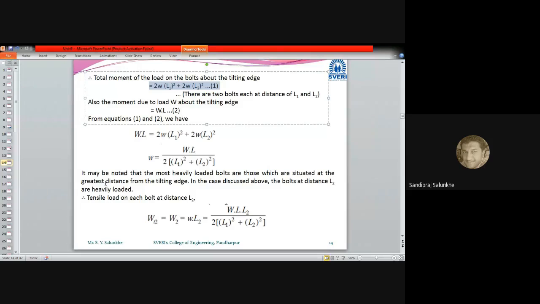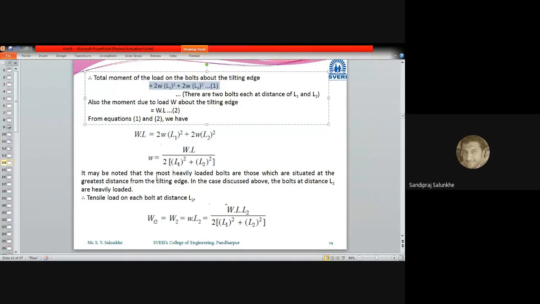Now we'll call the tensile load which is coming on each bolt, due to this intensity, WT2, and it is equal to w2. It will be given by intensity multiplied by the L2 distance, and that will be the maximum one because it has more distance.